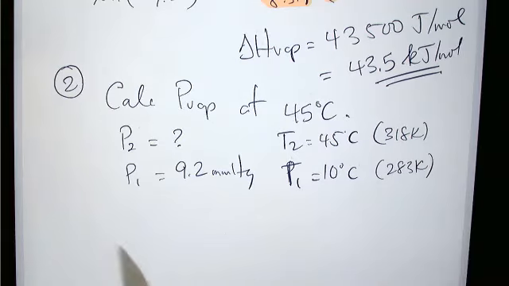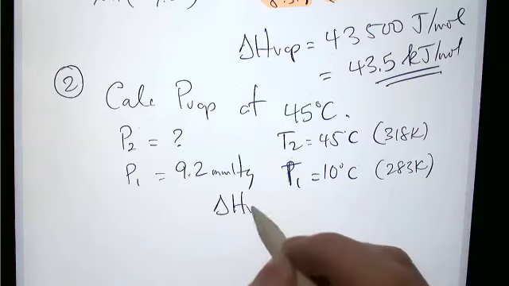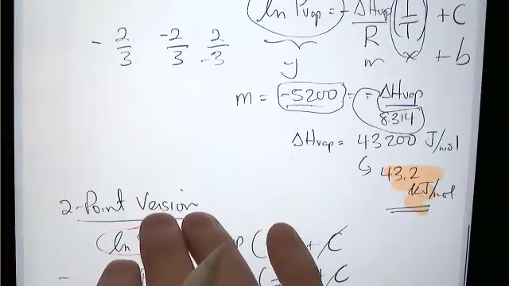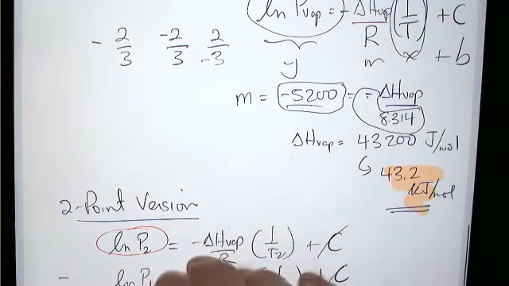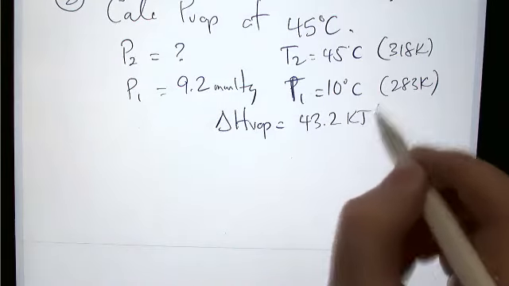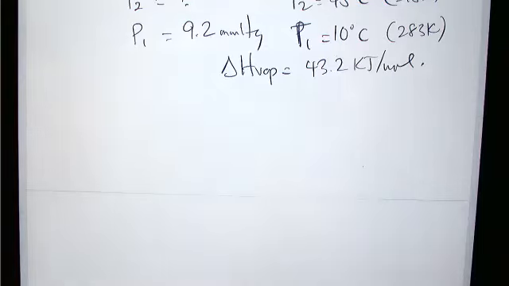Let's plug stuff in. Well, actually, let's write down one more thing. Delta H VAP. Rather than use the one we just calculated, let's use the one we got from our graph, 43.2. It's more accurate. So we'll say 43.2 kilojoules per mole. All right, so let's go calculate P2.